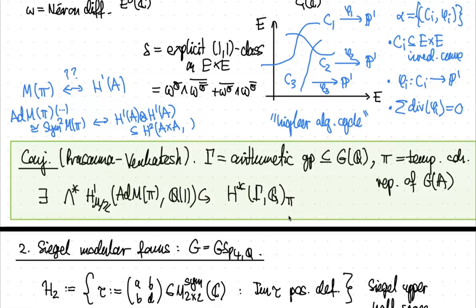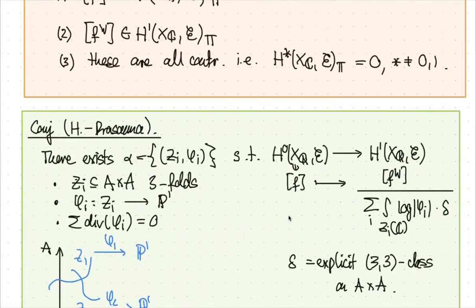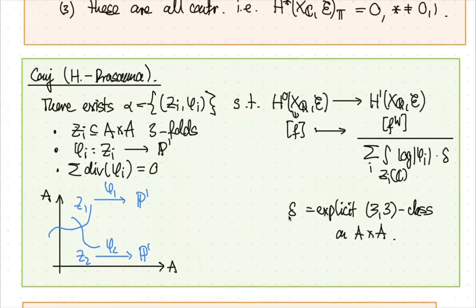I said that there is some version of this conjecture which doesn't actually require you to go to an abelian surface, but you still have to go to the motive associated to F. The way the conjecture would go is you assume you have some F and the motive of F, and then you would look at the motivic cohomology H3 of the symmetric square of the motive, Q2 is the right thing to look at.